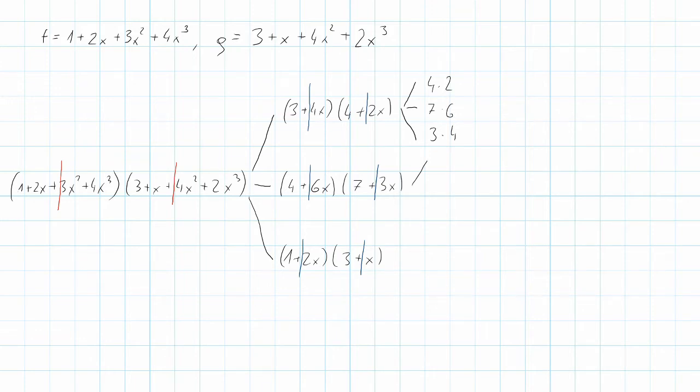Here the same. So we have 4 times 7, we have 6 times 3, and we have 10 times 10, and the same here is 1 times 3, it's 2 times 1, and it's 3 times 4.